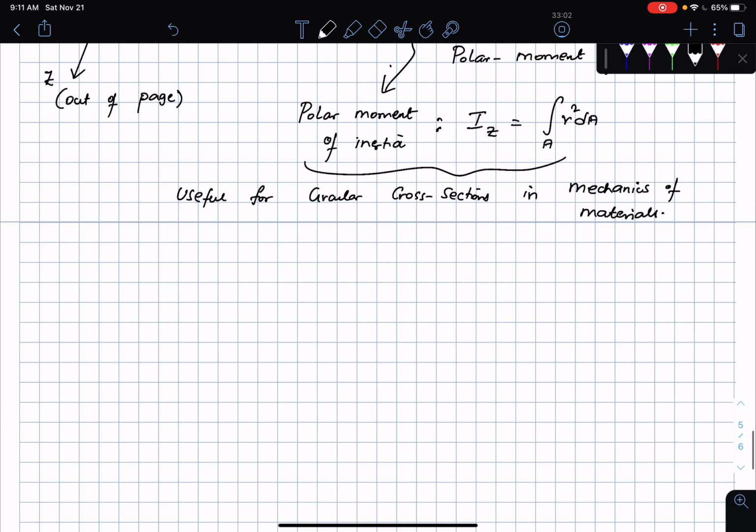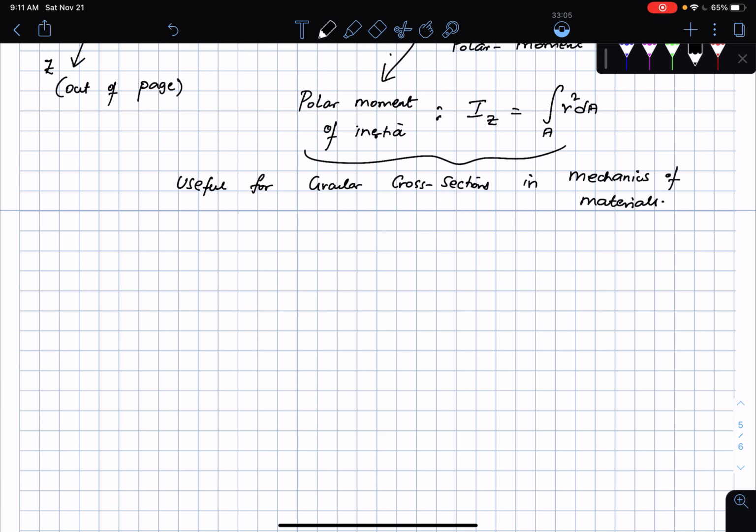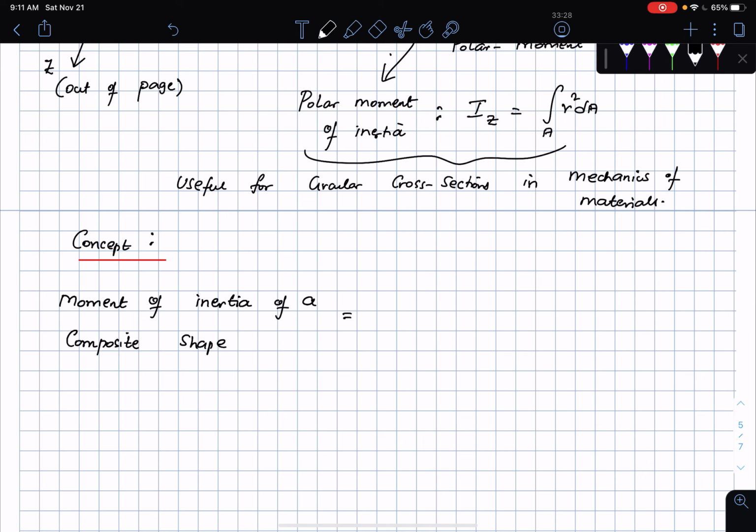Then we come to one more concept, the moment of inertia of a composite shape. The moment of inertia of a composite shape is given as the sum of the moments of inertia of its simple connected shapes.